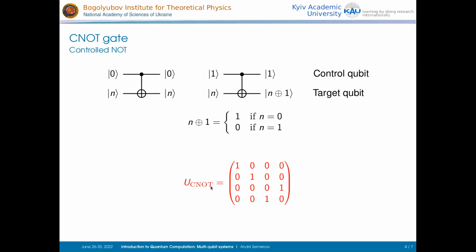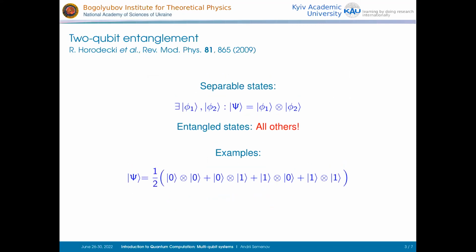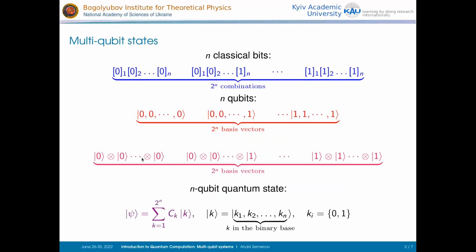So U CNOT, you can write like this. Let me just recall how the basis is written. Let me show my first slide again, sorry. That basis, when you look at these vectors, they are usually written, some authors use another order, but I prefer this one, like numbers in a binary system.